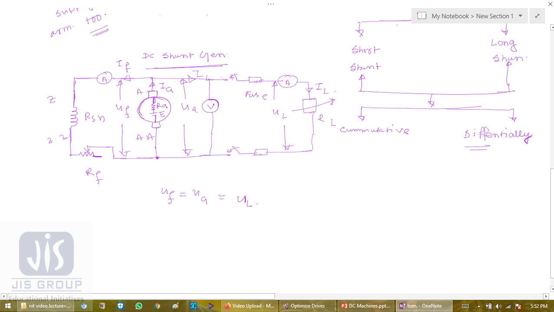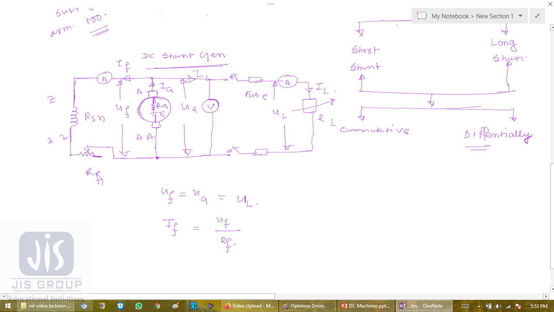What else can we write? The field current IF equals the voltage across the shunt UF divided by the resistance RF.